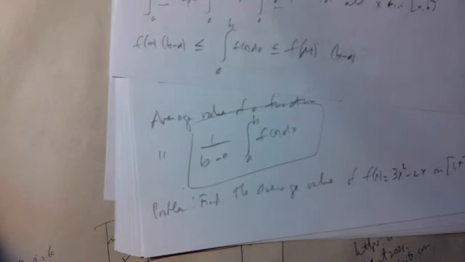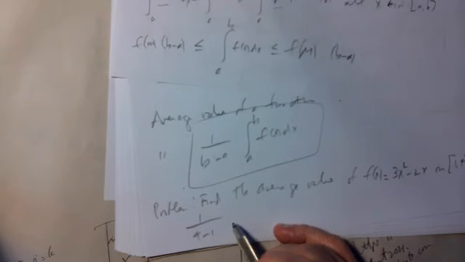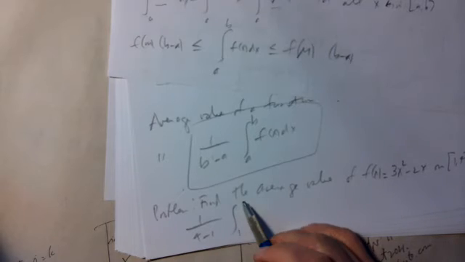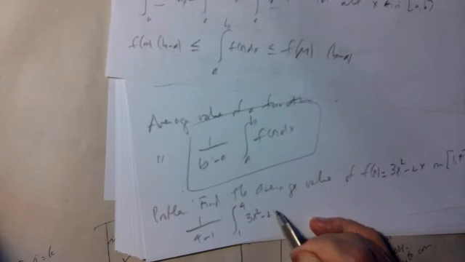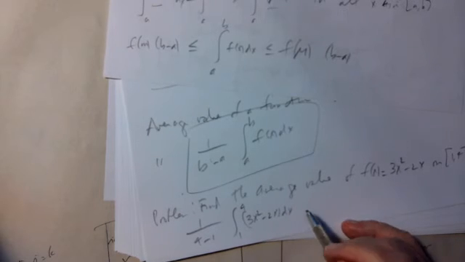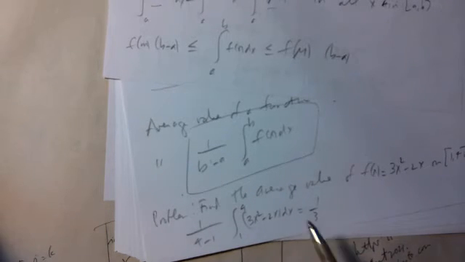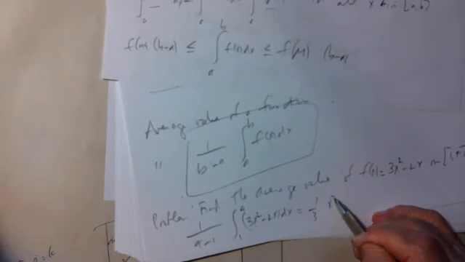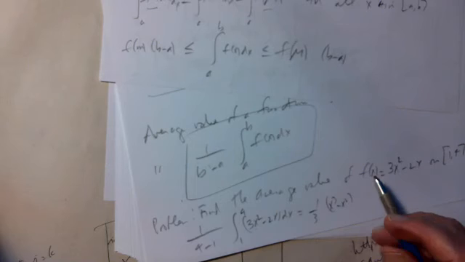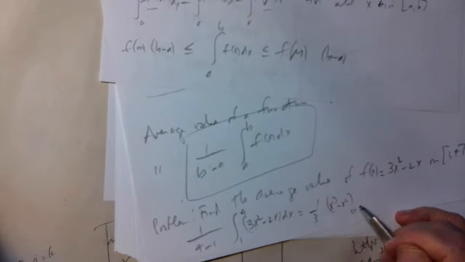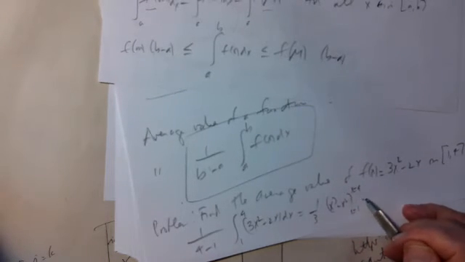So it would be 1 over the length of the interval, b minus a, 4 minus 1, times the integral from 1 to 4 of 3x squared minus 2x dx. 4 minus 1 is 3, so a third. The antiderivative of 3x squared minus 2x is x cubed minus x squared, and we want to evaluate that from x equals 1 to x equals 4.